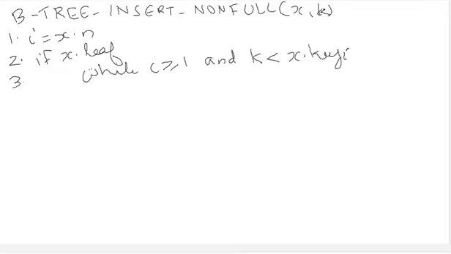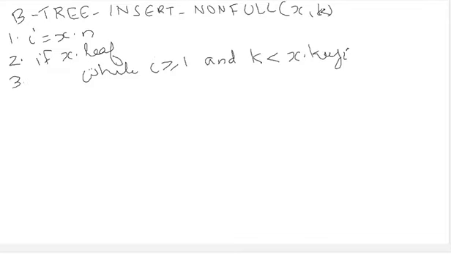We need to shift these key values by one position, so that when we find the exact position for this k, we can insert it. That procedure is x.key[i+1] = x.key[i]. That point is clear.